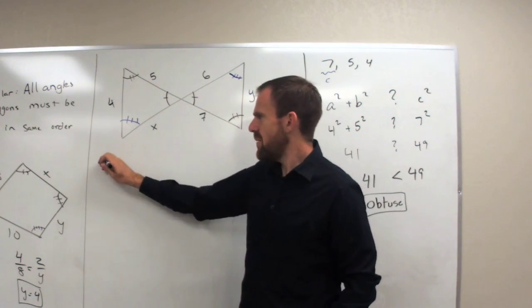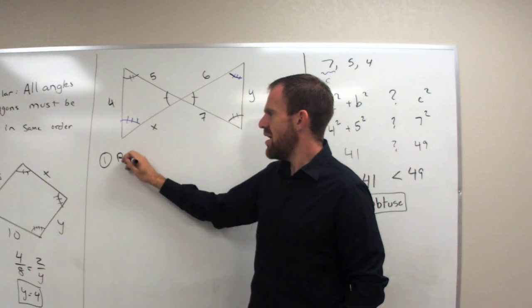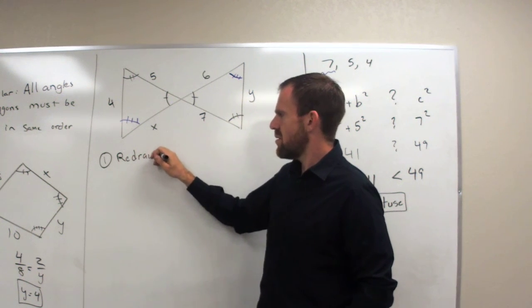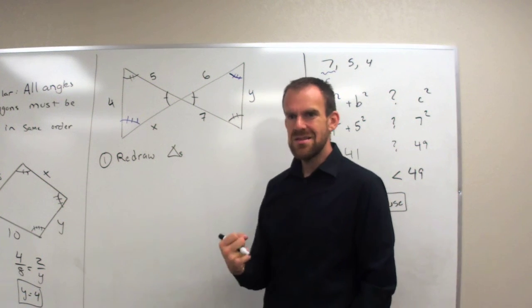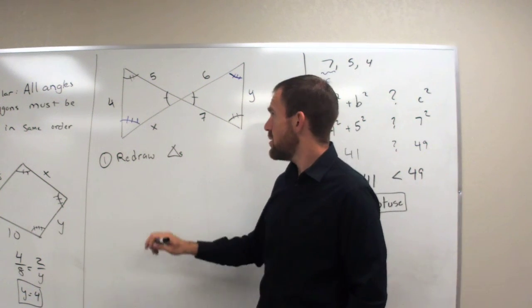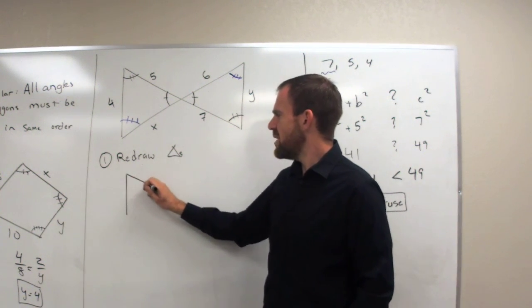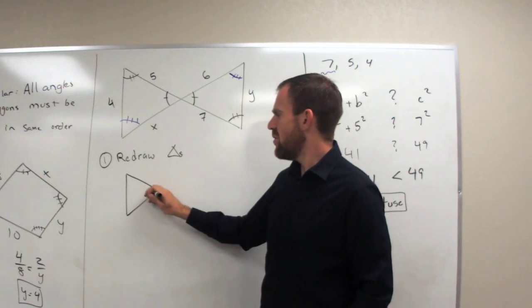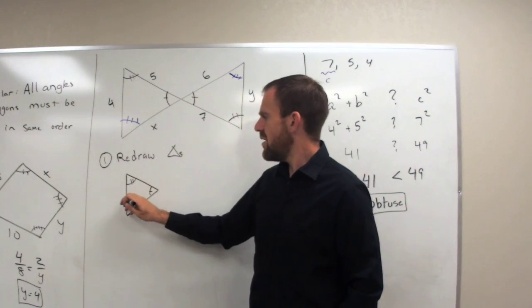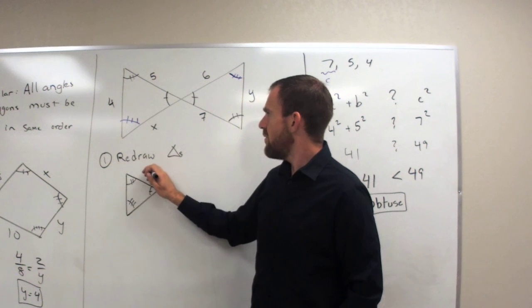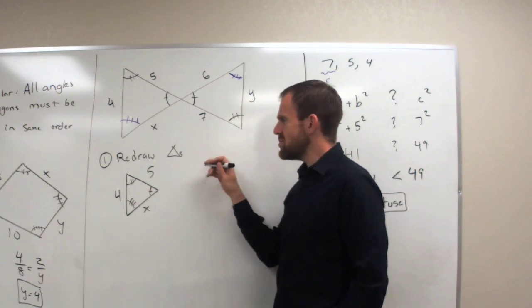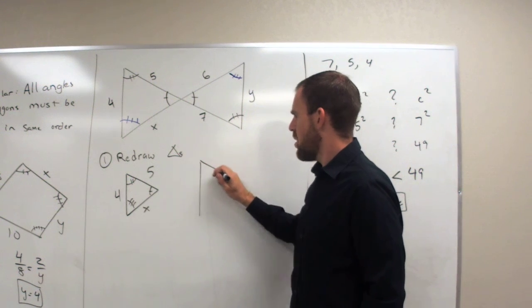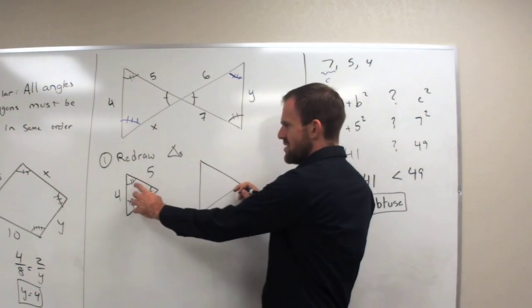And so the first step is I want you to redraw the triangles. But I want you to redraw them so that they're pointing the same direction. This is required. So I'm going to keep the left one as is. I have angle 1 here, angle 2 there, and angle 3 here, 5, 4, and x. But now I'm going to redraw this one so that it matches that.